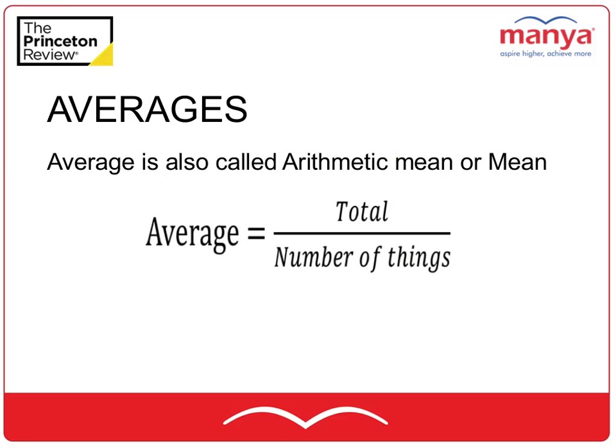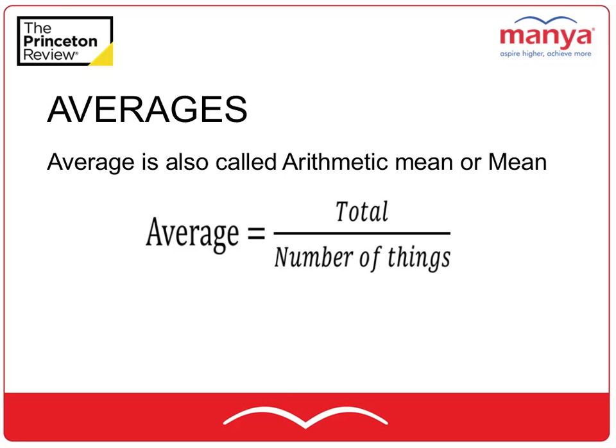Now, if you know the average and the number of things, we can also find the total. If I know the average, then average into number of things is going to give me the total.